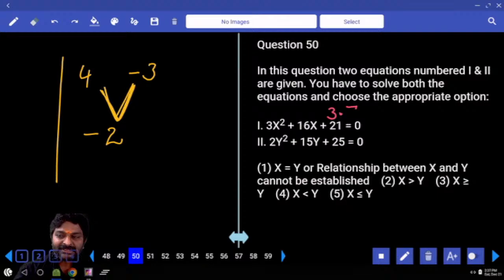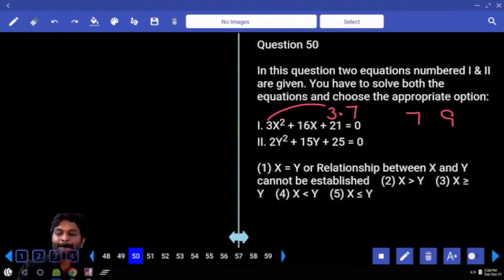21 can be written as 3 into 7, 3 threes and then 7 is the combination. Is that okay? Now 2 into 25, 50. 50 can be written as... Come on.